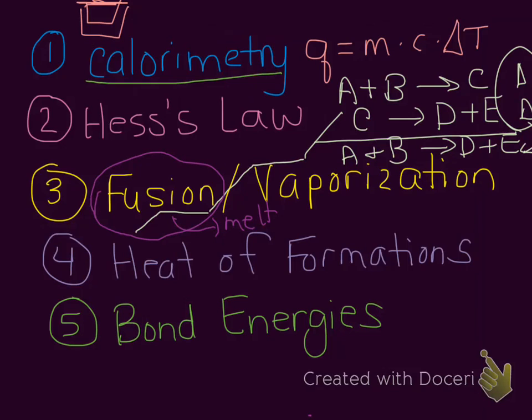If you had something that froze, the opposite direction, you would have the same amount of energy, except instead of needing to put the energy in, it being endothermic, it would release that amount of heat energy.